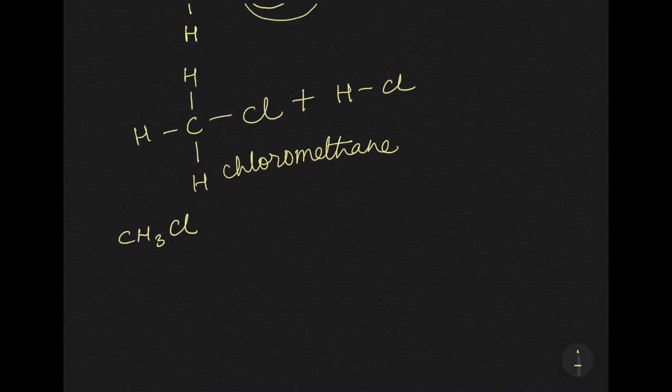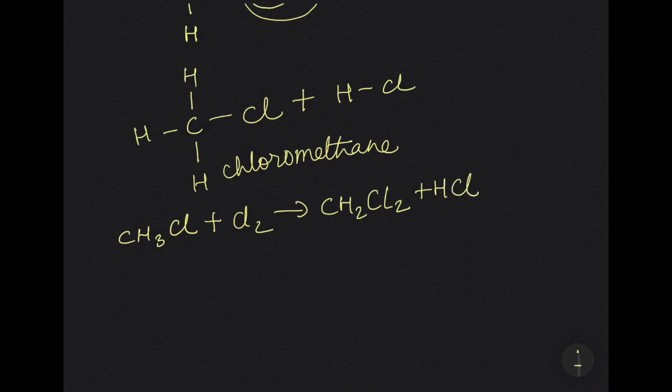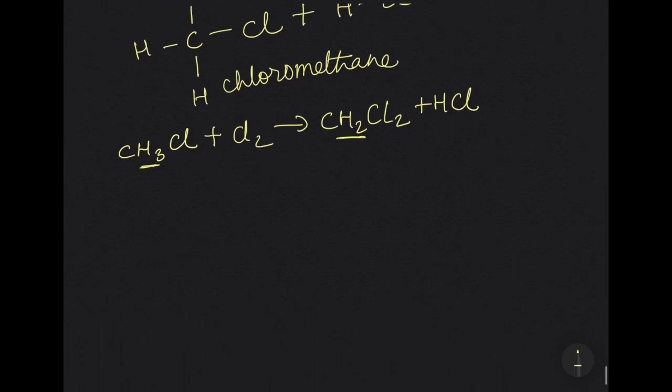Okay, so the product formed, that is chloromethane, further reacts with chlorine to form dichloromethane. Okay, so here you can see the hydrogen is being replaced by chlorine and this is dichloromethane.